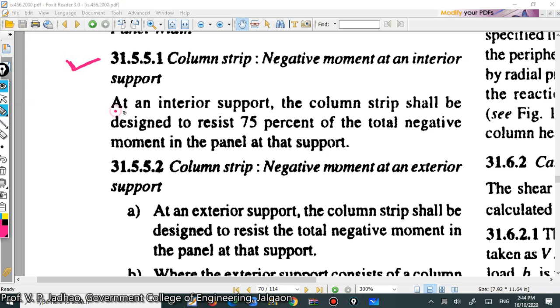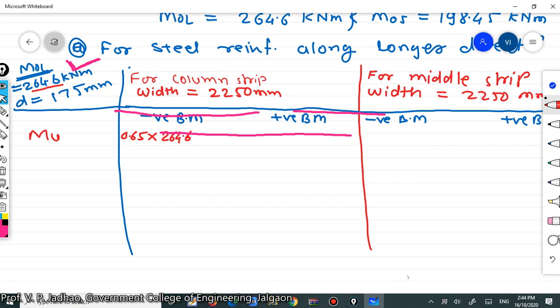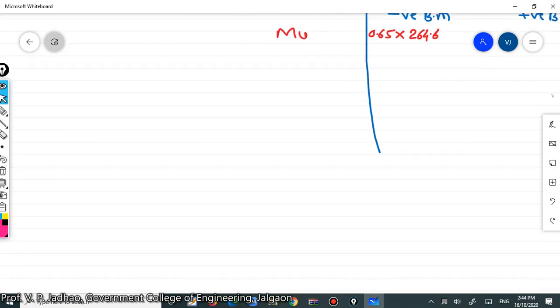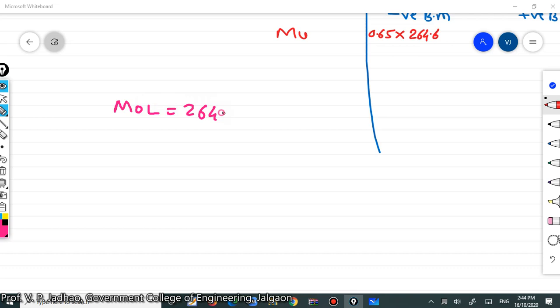It says that at an interior support the column strip shall be designed to resist 75% of the total negative bending moment. The column strip that we have to design shall be designed for 75% of the total negative bending moment. We have the total bending moment MOL equal to 264.6 kilonewton meter.